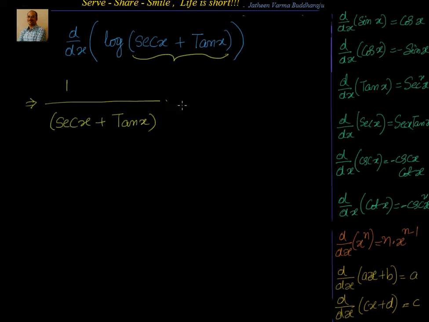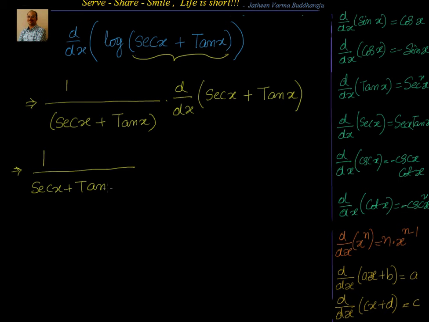After that I have to multiply with the derivative, because I have taken this as a variable, but it is itself a function, so I should find the derivative of that. That's what the chain rule says. So I should go for d by dx of secant x plus tan x. Now this is equal to 1 by secant x plus tan x multiplied with the derivative of a function which in turn is an addition of two functions.